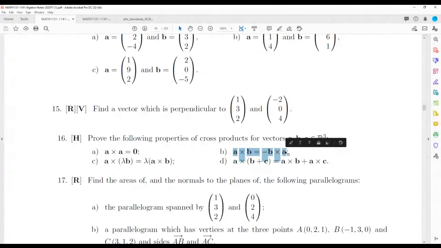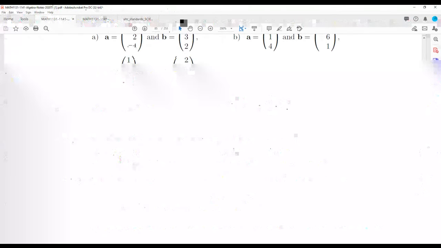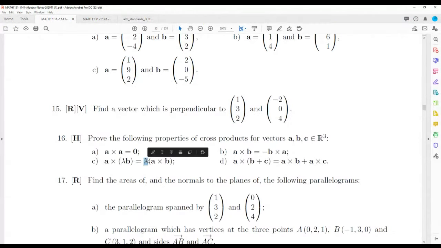It basically tells you the relationship between A cross B and B cross A. They're negatives of each other, and they point in the opposite direction, essentially. So that's one thing. In part C, this sort of tells you that if you're crossing a vector that's been stretched by this lambda, then the cross product is also a vector that gets stretched by lambda. So like a scaling thing.